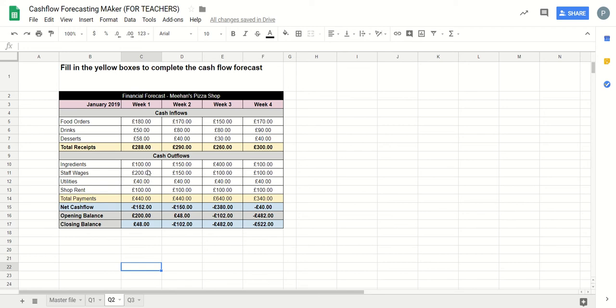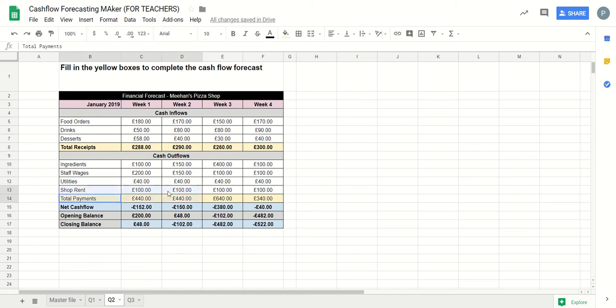I'm paying £200 for staff wages, £100 for ingredients, and that's already far exceeding my £288 for receipts, because obviously those two just added together 300. Utilities like electricity and gas are £40, and the shop rent is £100. So that's making a huge figure in terms of the difference. So I'm paying more out than I'm making.